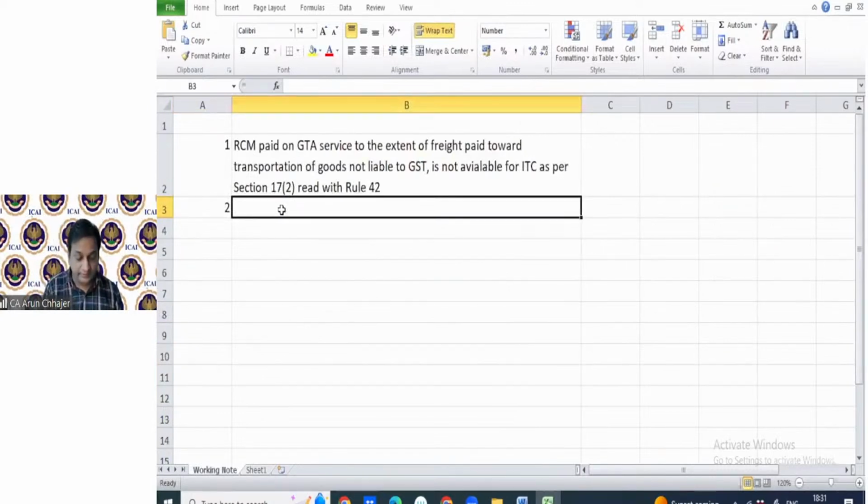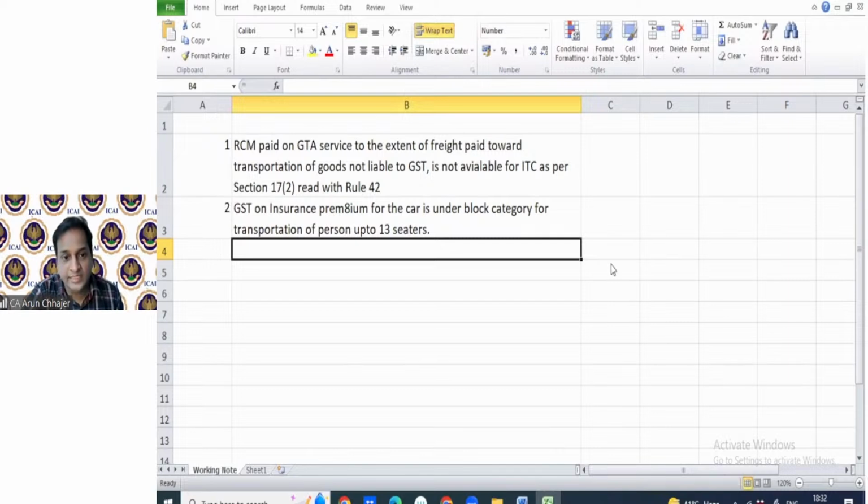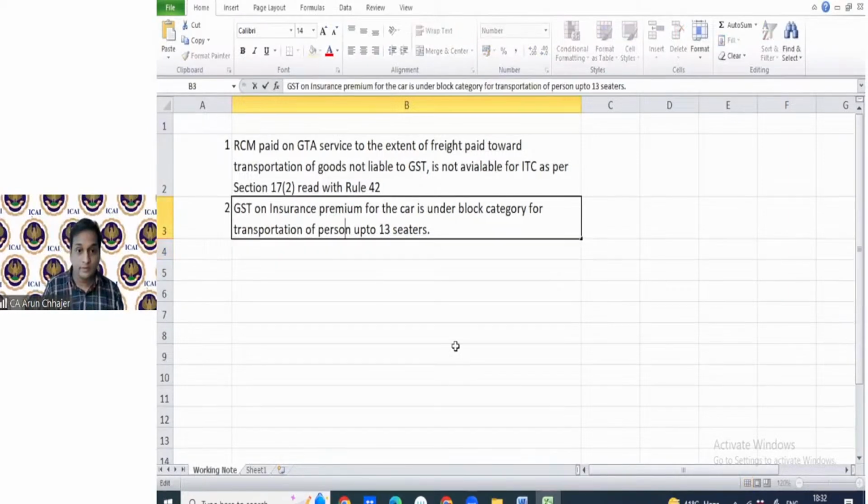I can say the GST on insurance premium for the car is under block category for transportation of persons up to 13 seater, as per section 17 subsection 5.